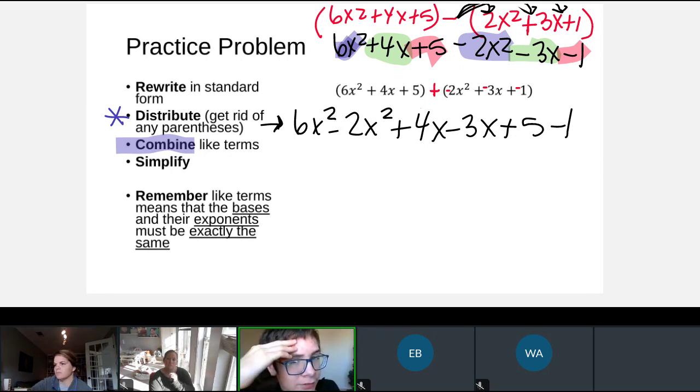I understand it in theory. In theory. Okay. Well, is it okay if we just keep going and you tell me where I lost you? So right now, all we've done so far is we've just distributed the negative to everything in the second set of parentheses.